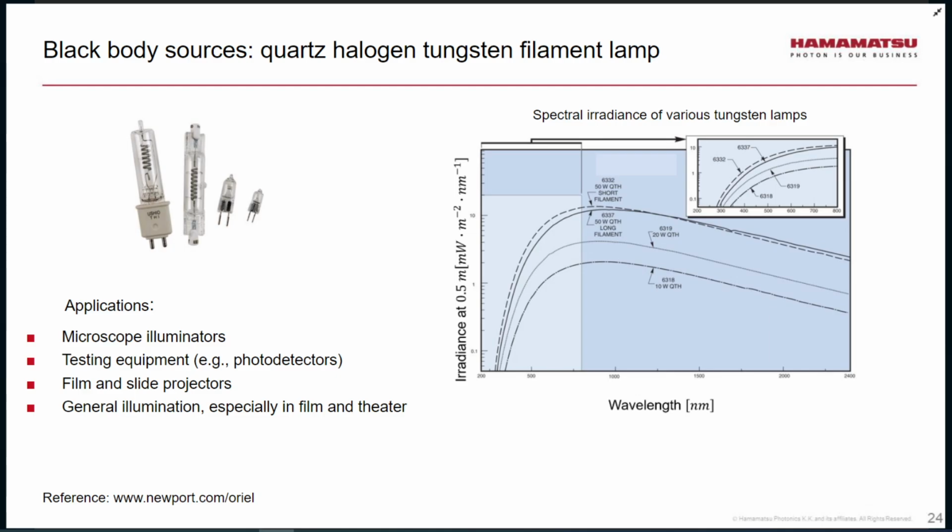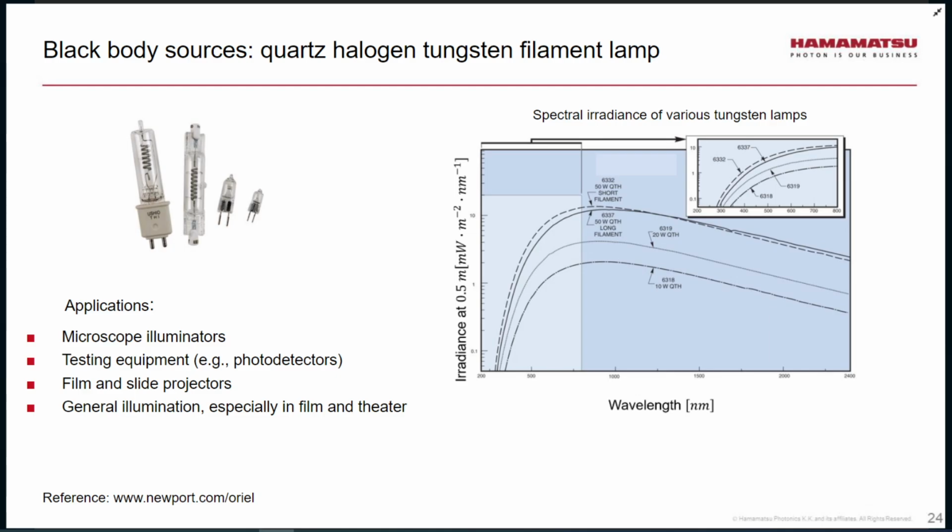However, if I take a tungsten wire and put it into a glass enclosure, either in vacuum or with some inert gas, and raise the temperature, the resulting spectrum that we see on the right-hand side looks quite similar to a black body. These illuminators, these quartz halogen tungsten filaments, have many applications listed below.